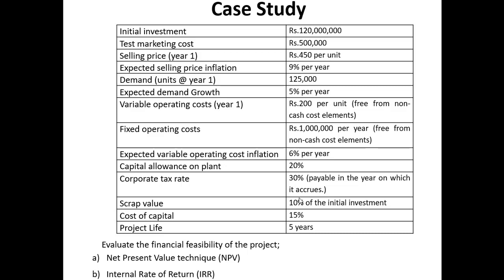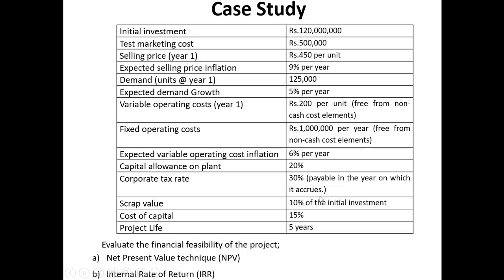Here we have identified the initial investment and the test marketing cost, the selling price, the expected selling price inflation, the demand given in year 1 and the expected demand growth, the variable operating cost of year 1 and fixed operating cost also given, the expected variable operating cost inflation, capital allowance on the plant, and the corporate tax rate payable in the year in which it accrues.